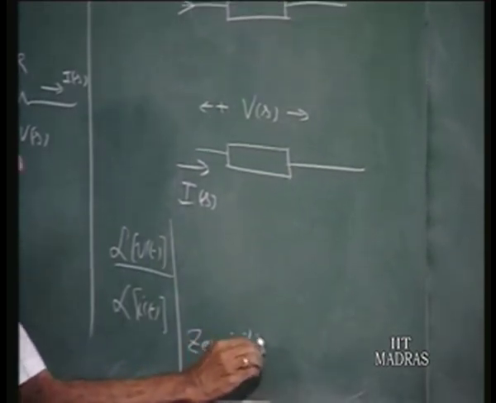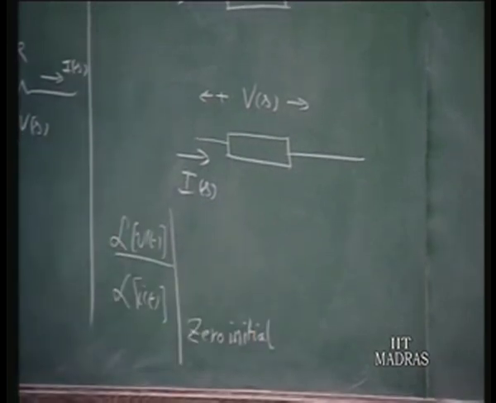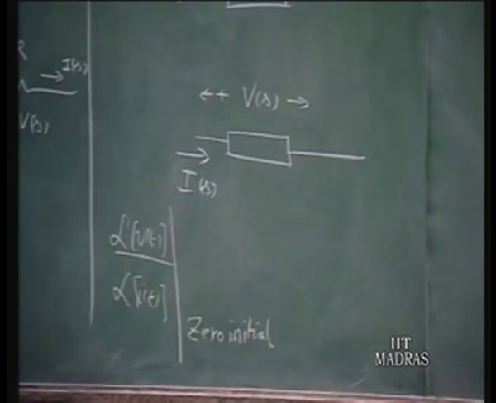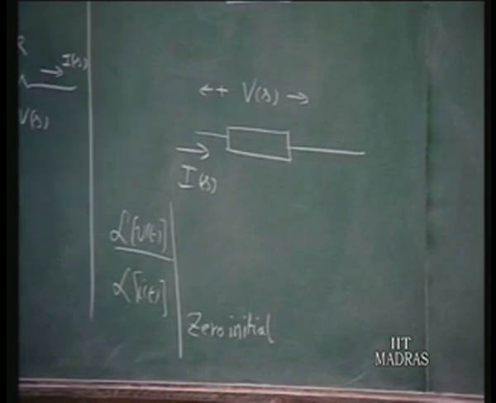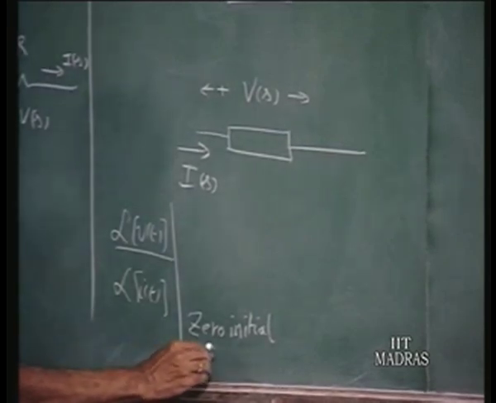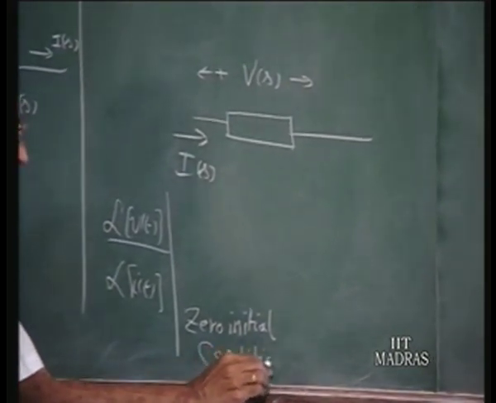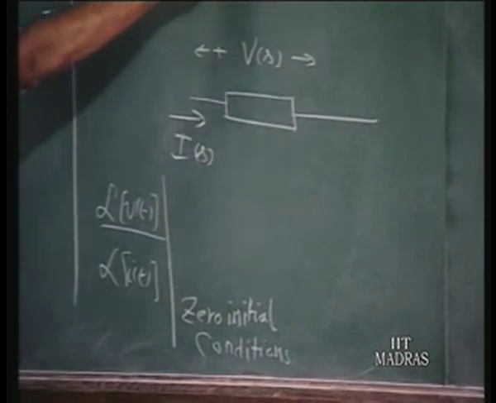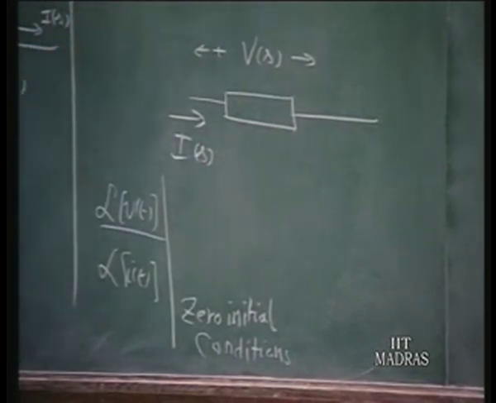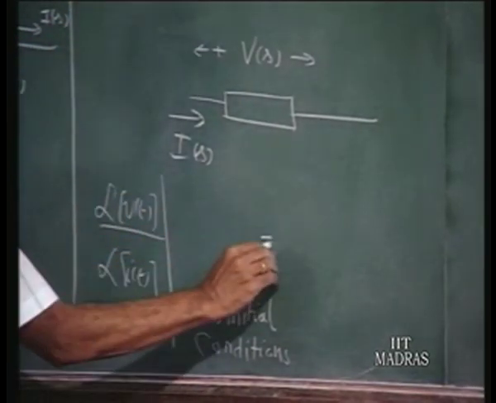That means we are assuming in the case of a capacitor and inductor, there is no initial charge on the capacitor, there is no initial current in the inductor, 0 initial conditions.